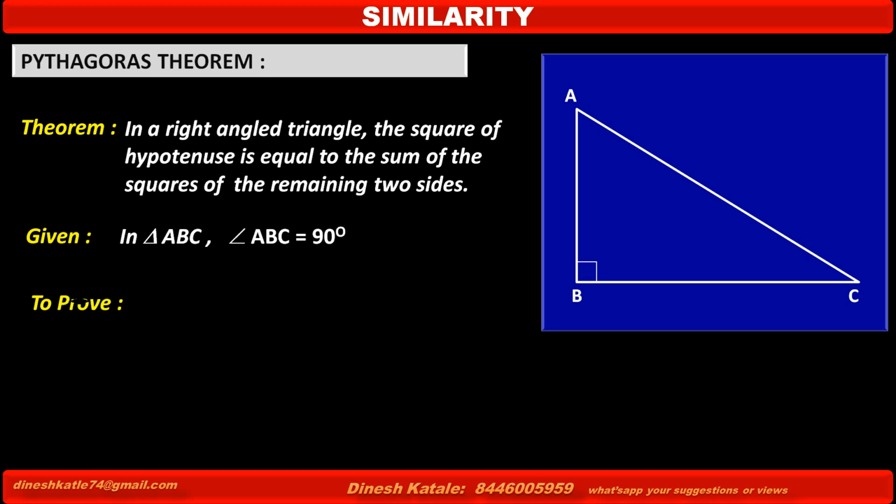Now see what we have to prove. Hypotenuse square, that is in this case AC square, is equal to base square plus height square, that is in this case BC square plus AB square.